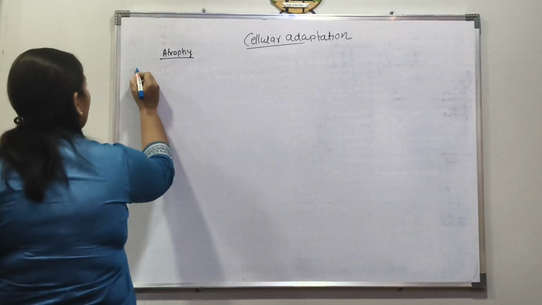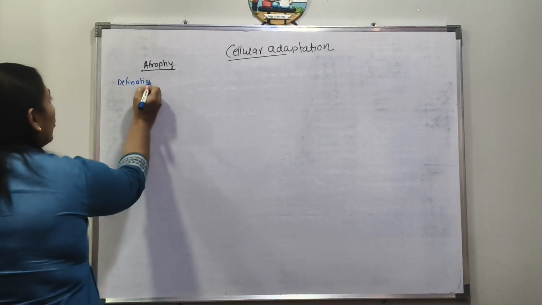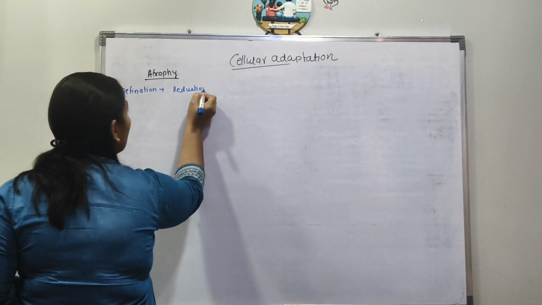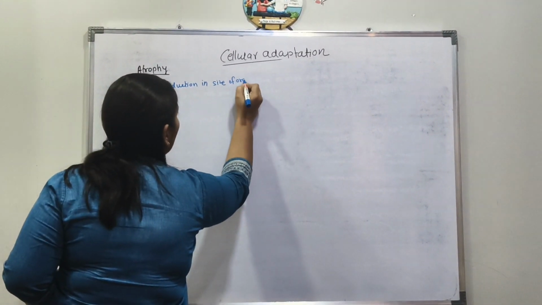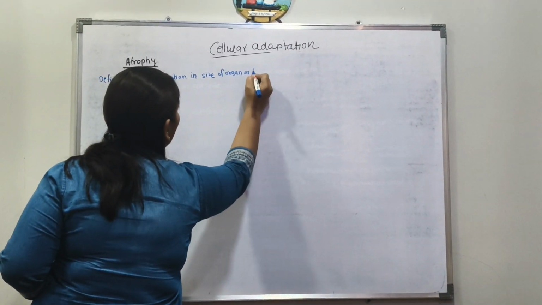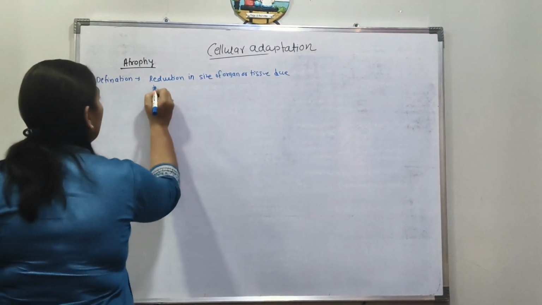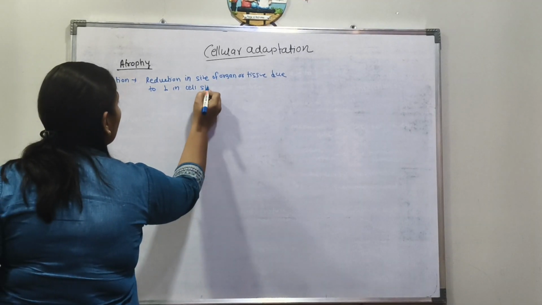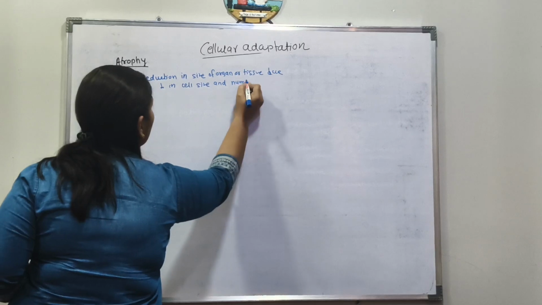Atrophy. What is meant by atrophy? First, we will see the definition of atrophy. What is atrophy? It is the reduction in size of an organ or tissue due to decrease in cell size and number.